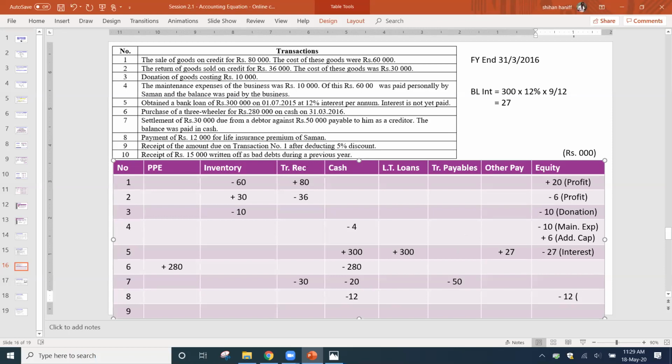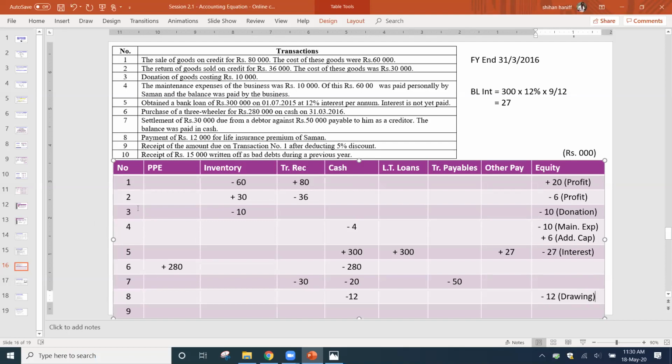Is it expense or drawings? 12,000. Because this insurance premium is someone's personal one, this is not an expense, this is drawings. Right. Okay.